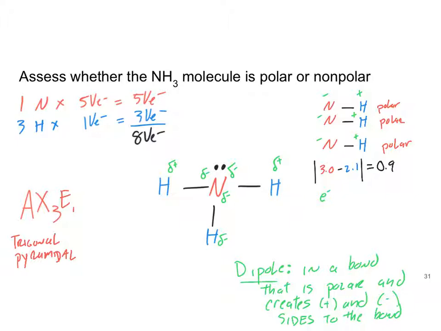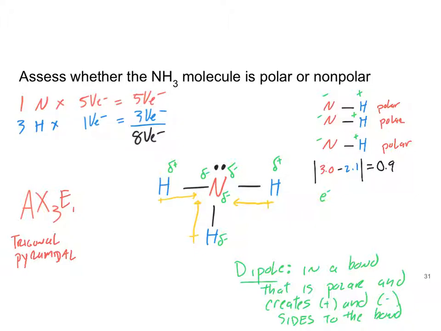So what that really tells me is that in the individual bonds, the electrons are being pulled toward nitrogen consistently. And as a result, we draw this really special funky arrow, which has a plus on the tail of it, and the plus is the positive side of that particular bond, and then the arrow is pointing to the negative side.